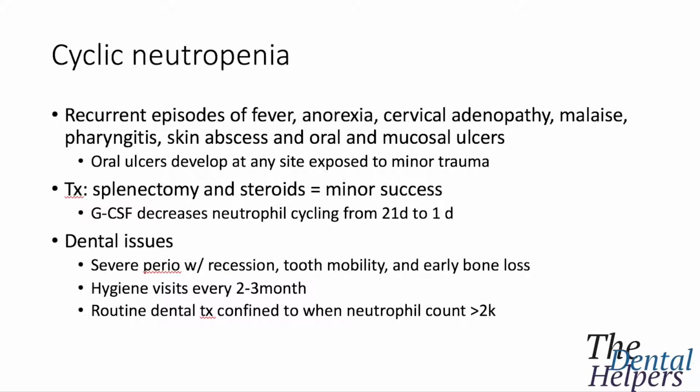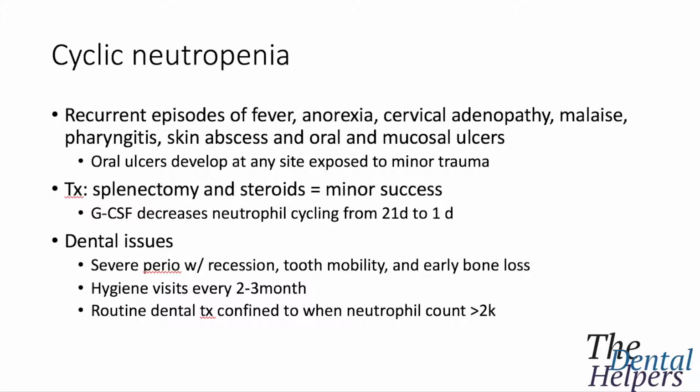You'll see that the patient has recurrent episodes of fever, anorexia, cervical adenopathy, malaise, pharyngitis, skin abscesses, and oral mucosal ulcers. And this all makes sense because they're having these periods of low neutrophils. Treatment is going to be splenectomy and steroids. It has a minor success rate.